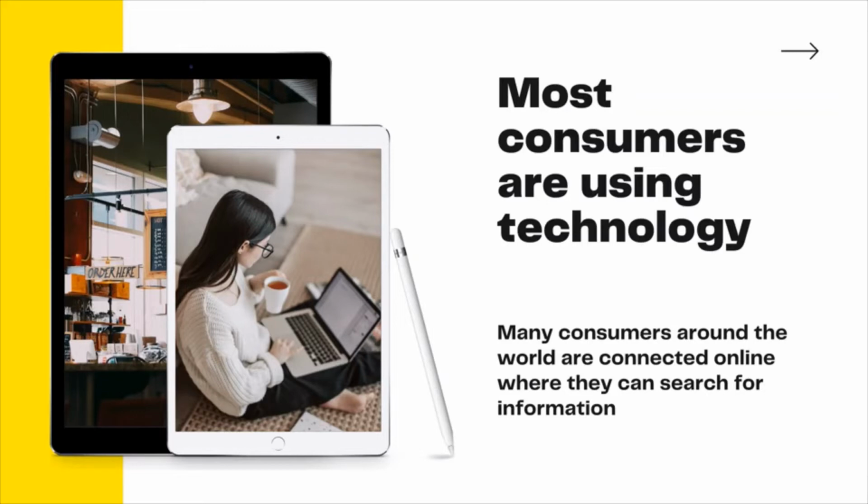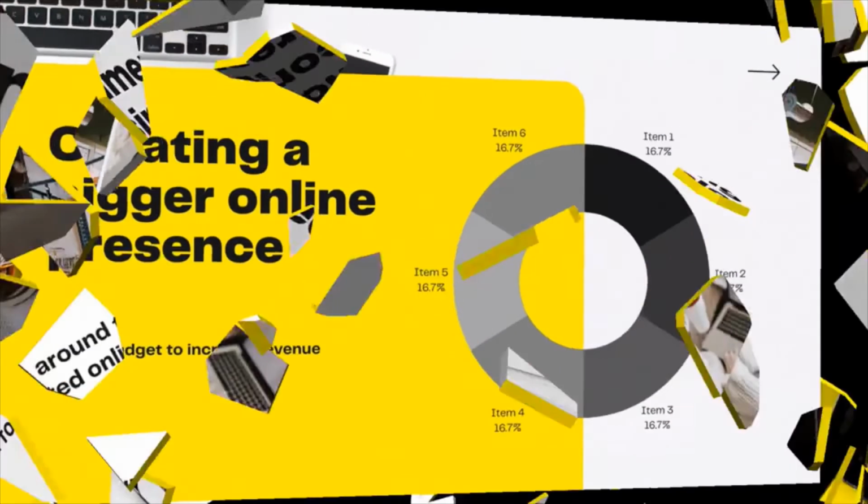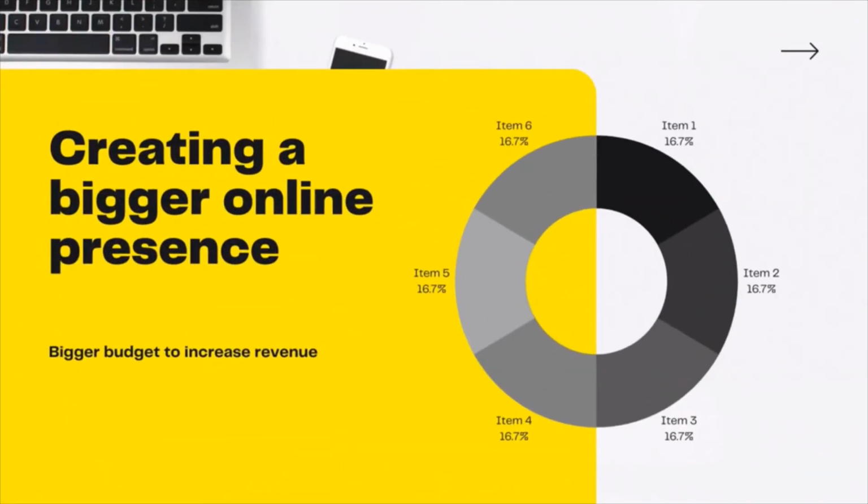If we use this platform to market our product, it will be easier to reach more consumers in a single time. Using ICT also increases our revenue, because investing in online advertising is less expensive than investing in offline marketing like distributing brochures, which costs more.